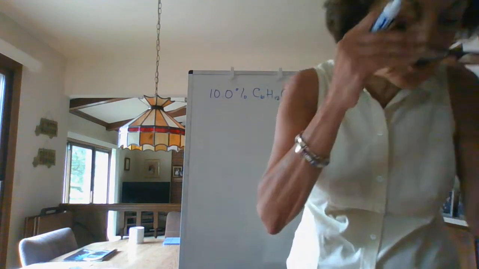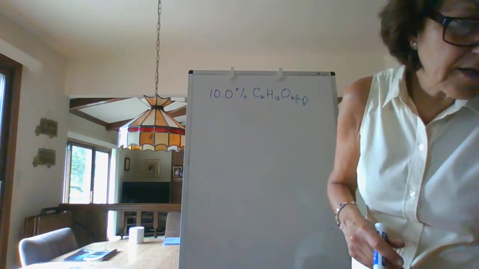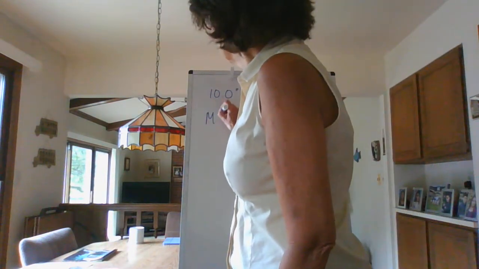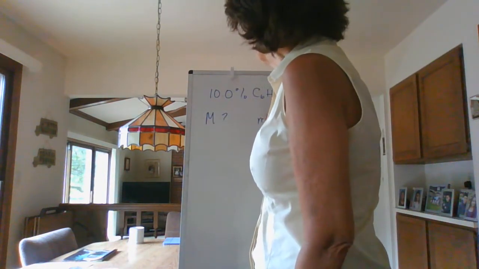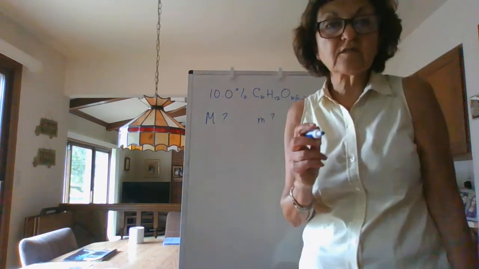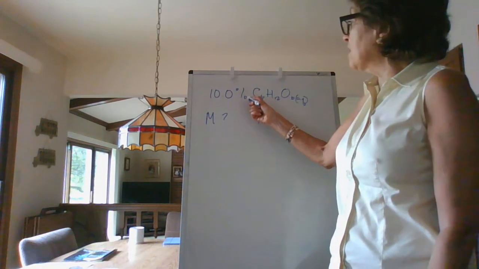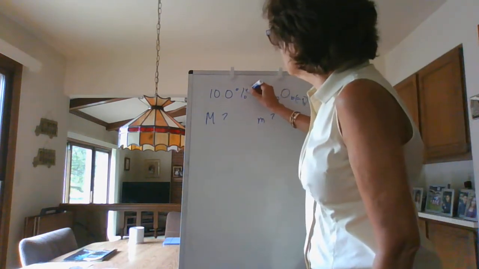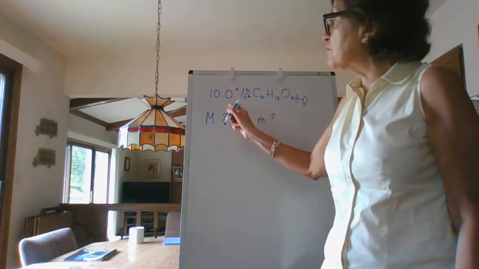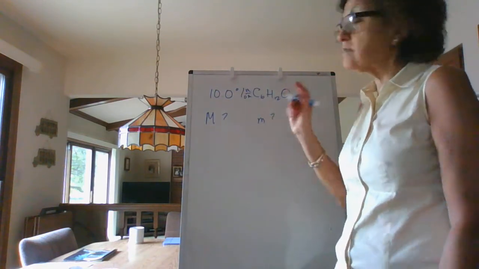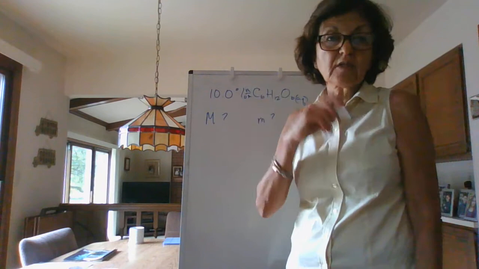And I want to find what the molarity is, and what the molality is. All right, so that's the first problem. We want to learn how to convert percent by mass, and this is mass by mass, to molarity and percent by mass to molality. How do we do this?